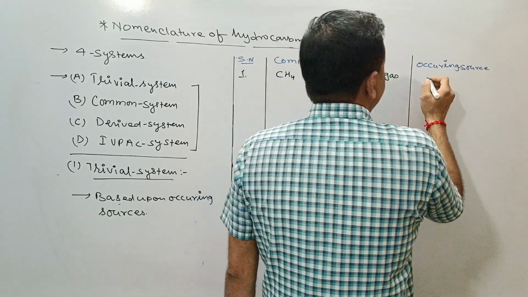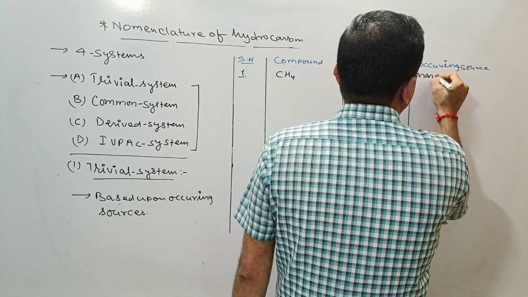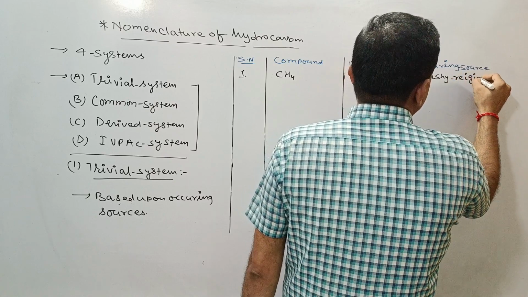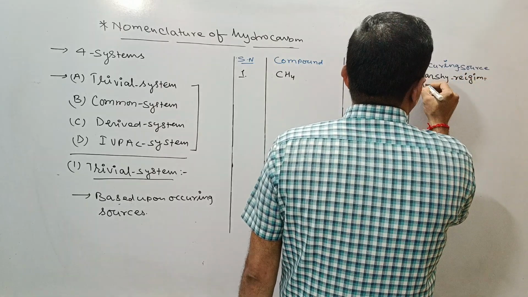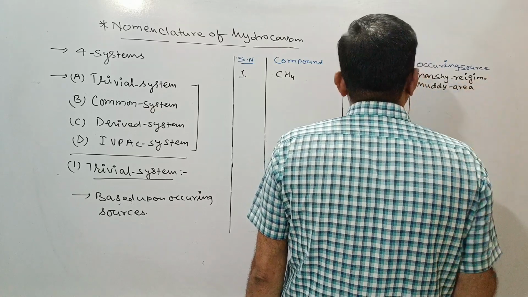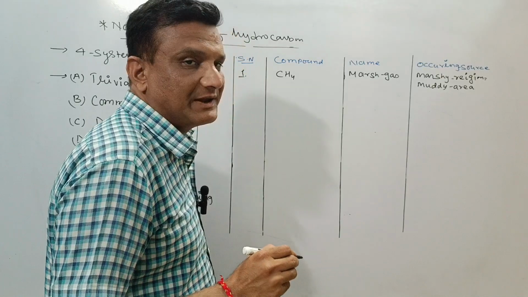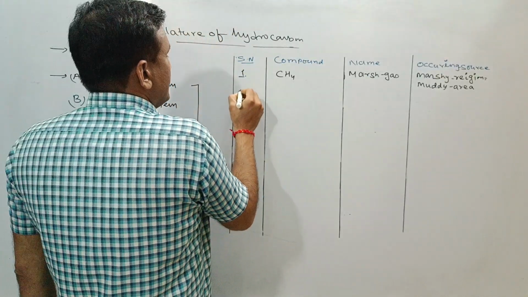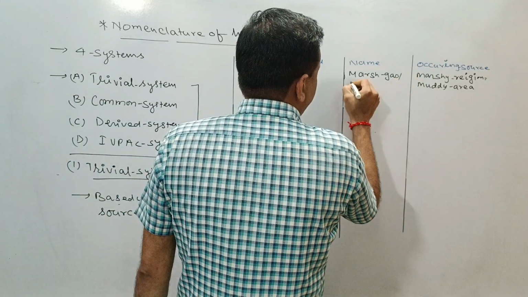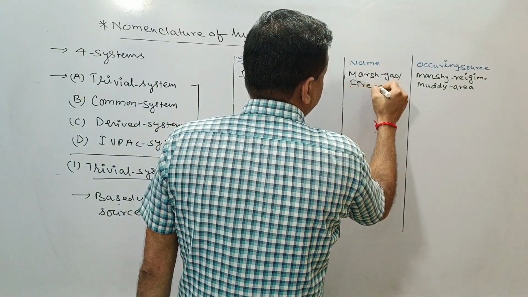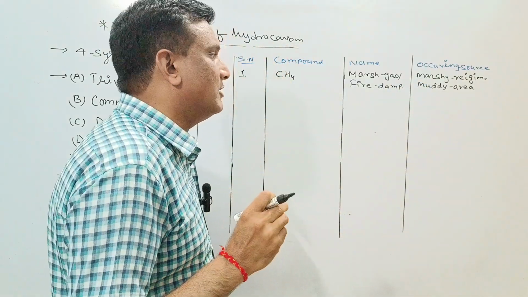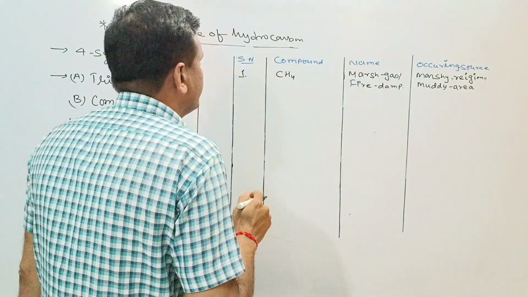This gas can be obtained from the marshy region. Marshy region means muddy area, where there is more mud, this gas will be more present. It is also called fire damp, because on mixing with oxygen it starts to burn.